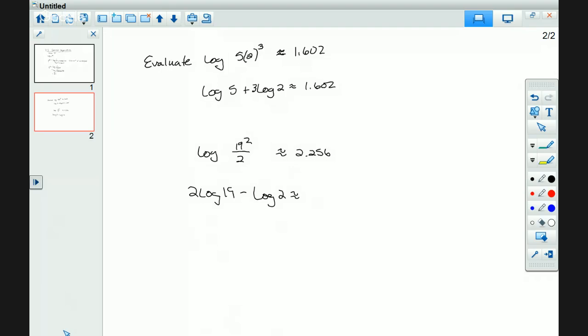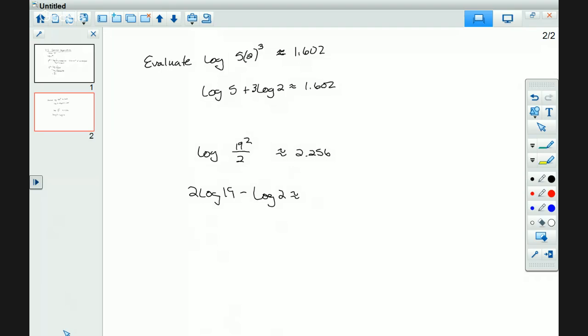I don't even think they publish the tables anymore in the books, but we used to have to flip into the back of the book and look up log 19. Get a decimal, multiply it, look up log 2, get a decimal, subtract. We had to do all those steps. This splits it out.